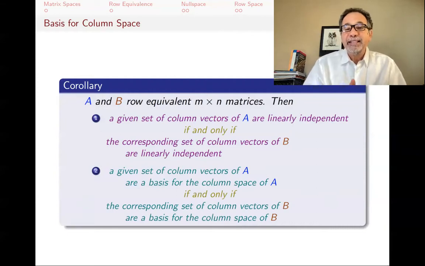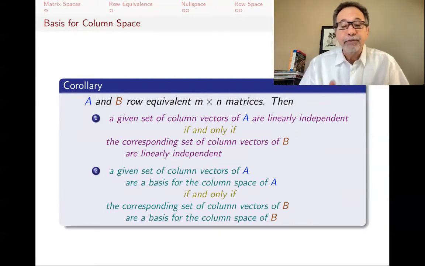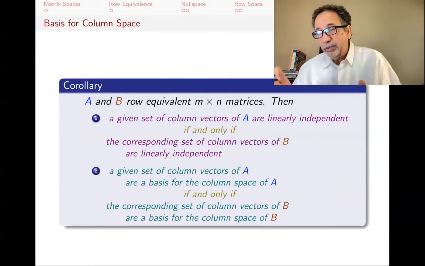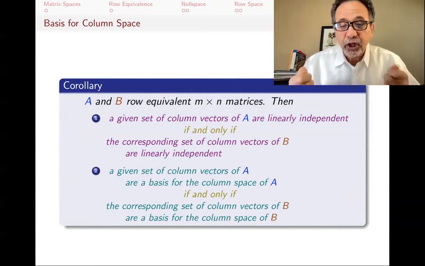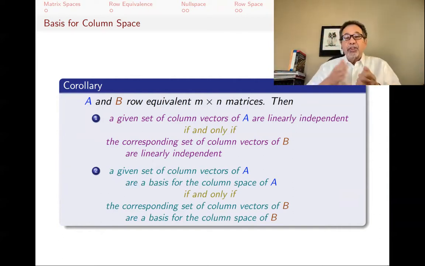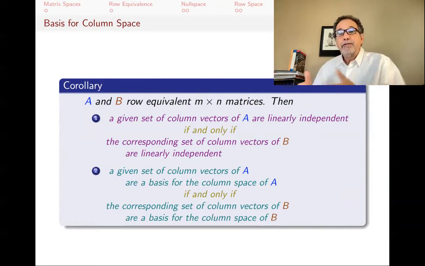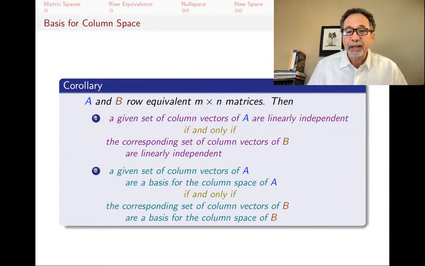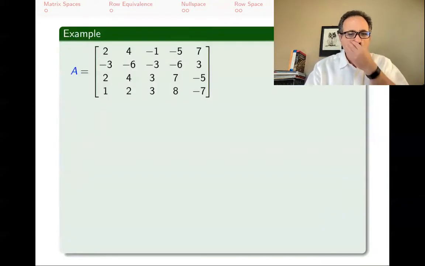I mean the same numbers. Like if the first one, the third one, and the eighth one together form a basis for the column space of A, then the first, third, and eighth ones of B form a basis for the column space of B as well. So here's one example.